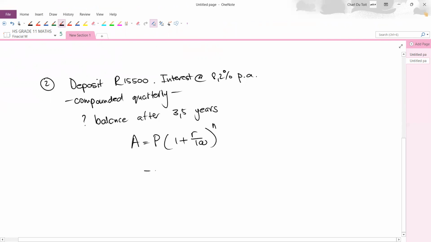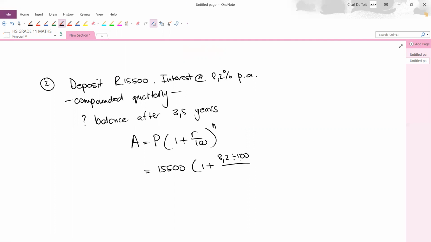So my starting amount is 15,500 that I'm putting in the bank at 8.2 divided by 100, because that gives me the percentage. I need to divide that percentage by what? How many quarters in a year?